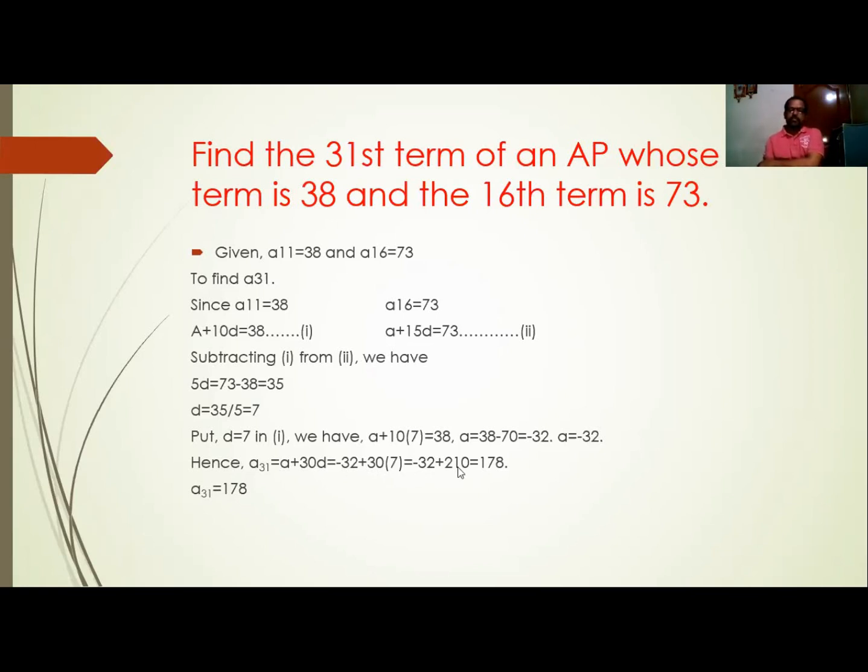The sum of these two gives us 178. Hence I can say that the 31st term of the AP is equal to 178. This is one of the important examples that may be asked in the board exam.